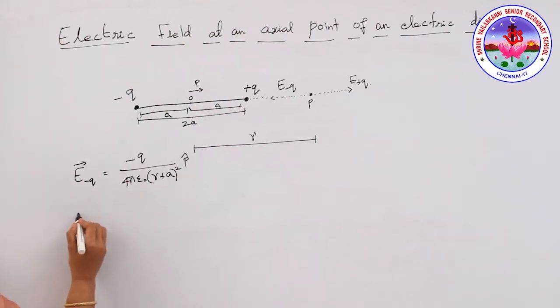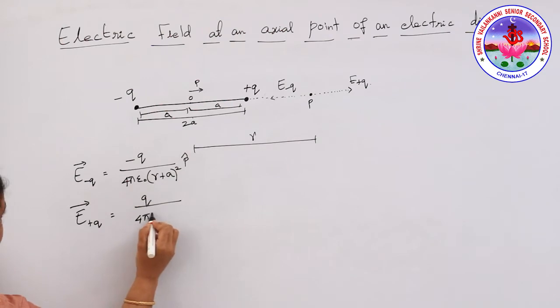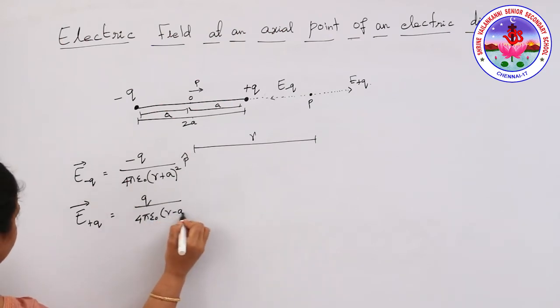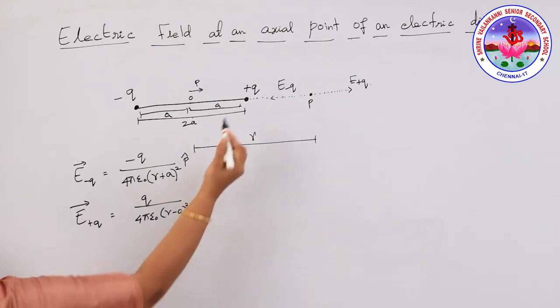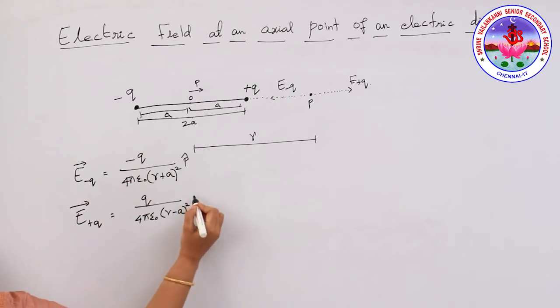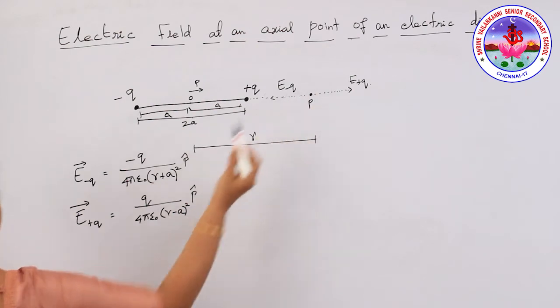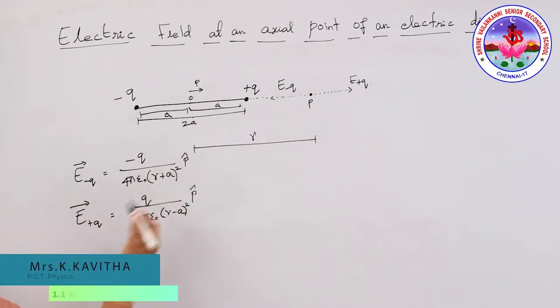Now the plus Q part. E plus Q is equal to Q by 4 pi epsilon naught into R minus A whole square, times P cap, because we want the field due to the plus Q charge. Now, for the resultant electric field at point P, we need to add them up.